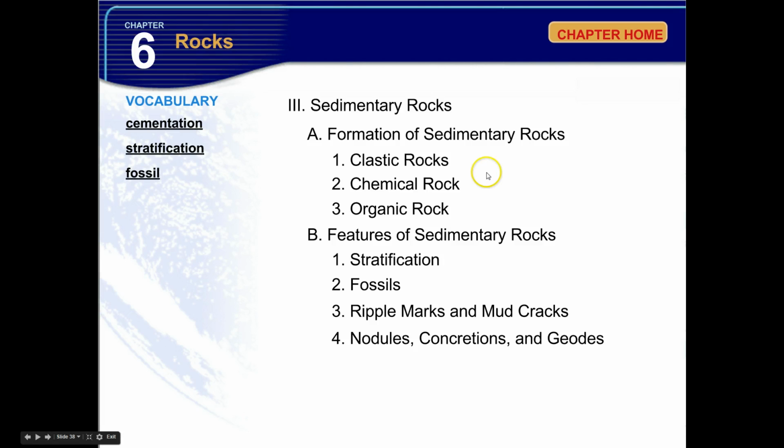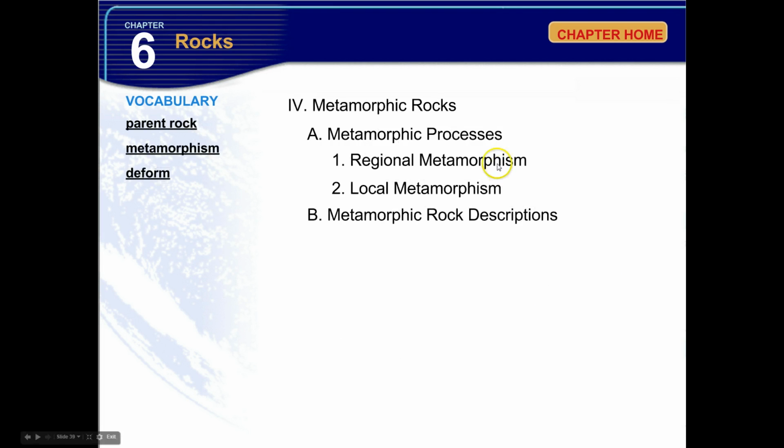Sedimentary rocks, the clastic, the chemical, the organic, stratification, which is the layering, the fossils, ripple marks, mud cracks, all the other features of sedimentary rocks. And then metamorphic rocks, the process, regional, across the entire mountain, local, where it's small right next to the magma chamber, and then we went through a couple of the metamorphic rock descriptions. There we go, chapter 6.